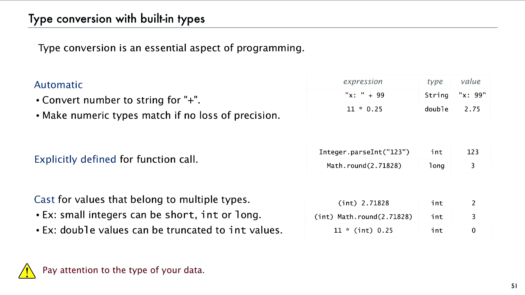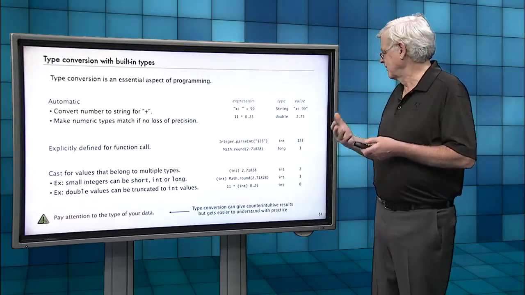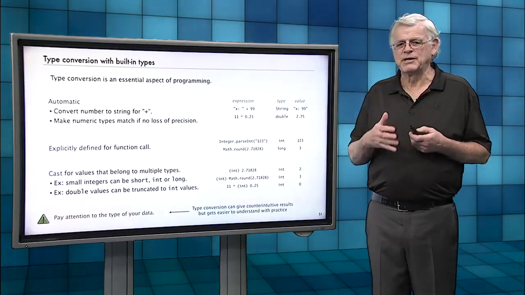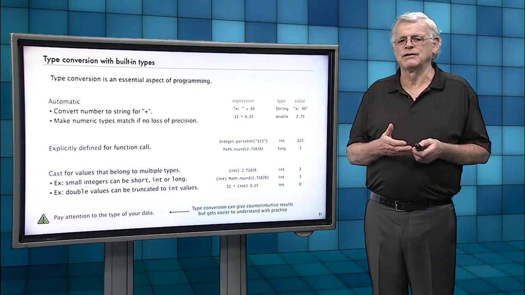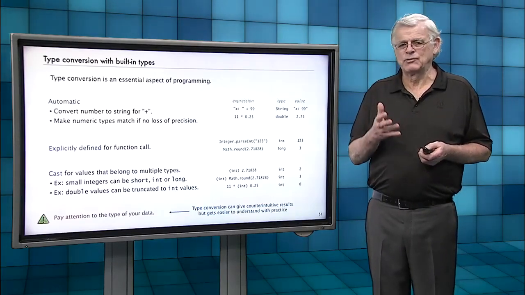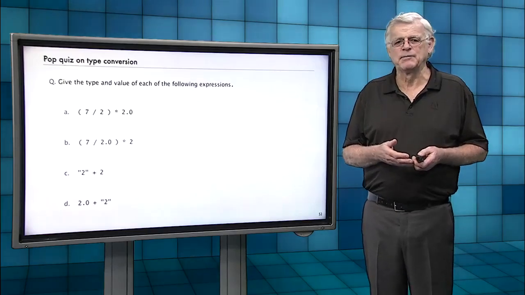And we look at these types of expressions, and there's many examples in the book and in the exercises, and it's important to always know the type of your data, because if you're not aware of the type of data, it can lead to problems. Sometimes type conversion gives sort of counterintuitive results, but it's much easier to understand with some practice, and that's why we highlight it right at the beginning.